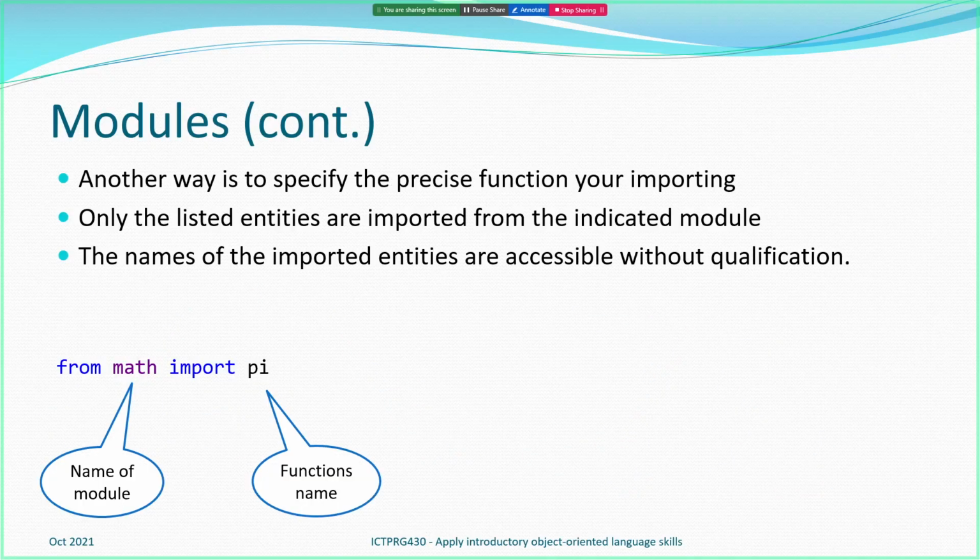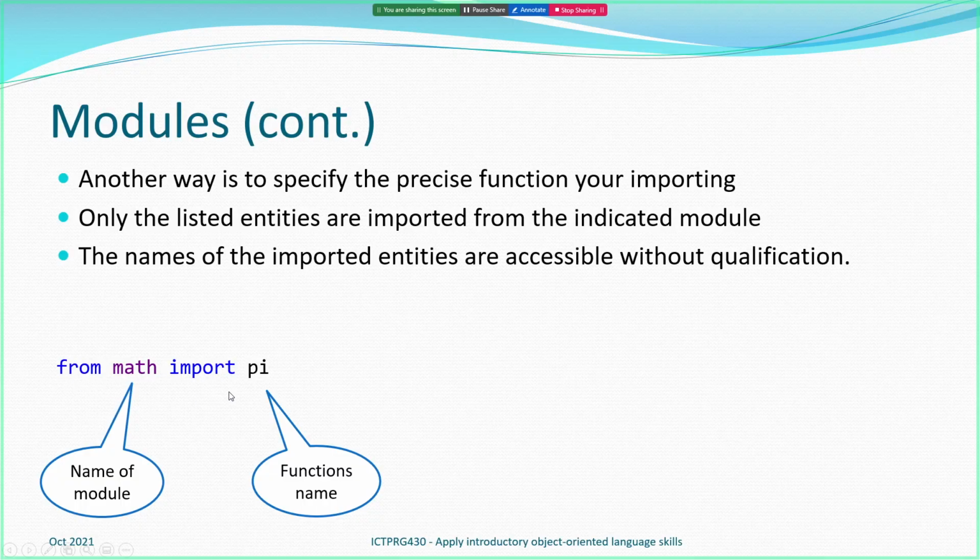We can do that by importing an entire module, which gives us all the functions within the module. But another way is to import only the functions that we want from the module. The syntax for that is a little different.